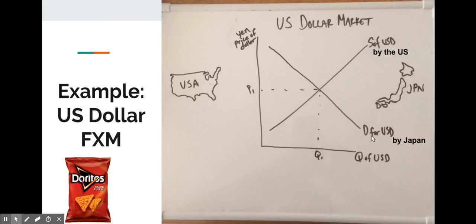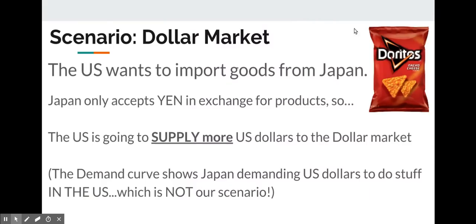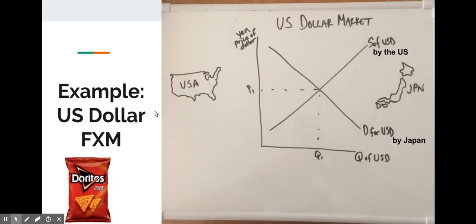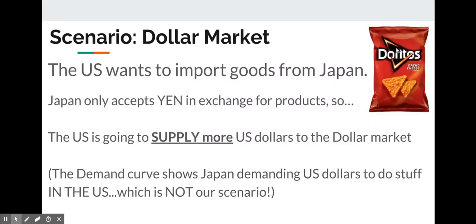Or are people in Japan demanding US dollars to do stuff in the United States? Well, clearly our scenario said people in the US want to buy Japanese things. So what that means is the US is going to supply more US dollars into this foreign exchange market because they want to do stuff in Japan, in this case, purchasing products.